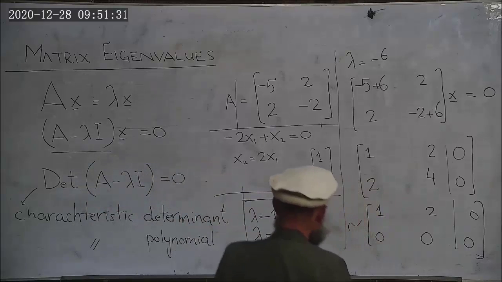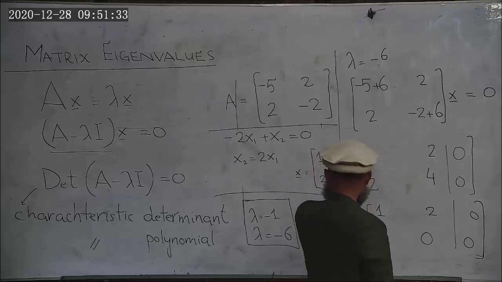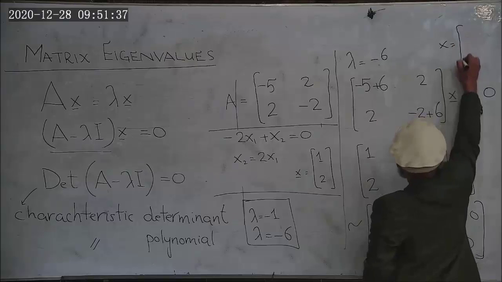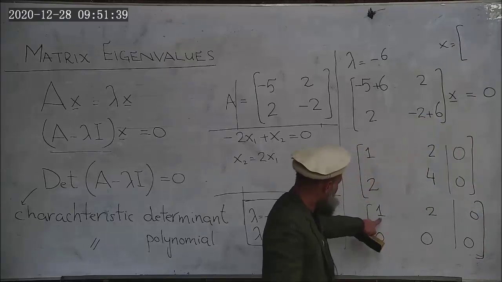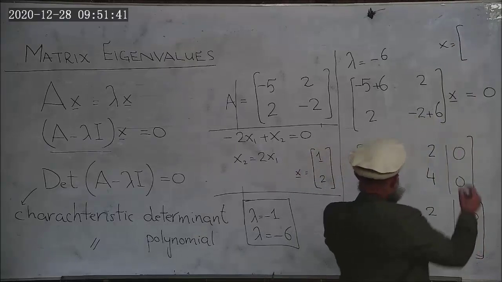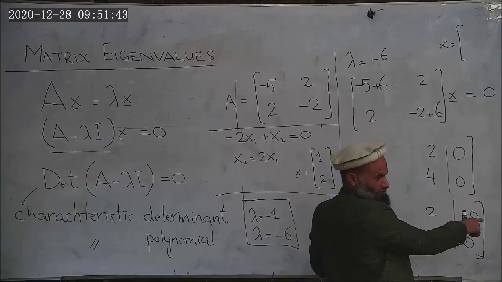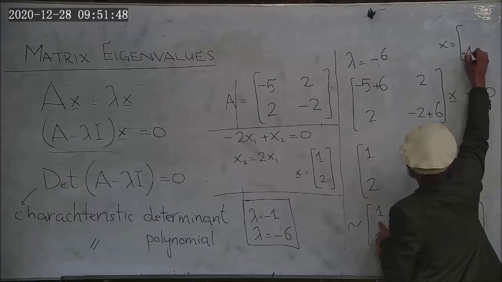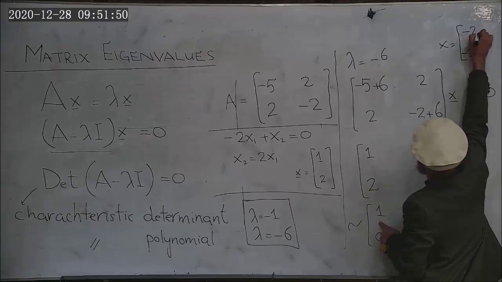It is obvious that the eigenvector corresponding to this eigenvalue will come out to be, if we take x1 equal to -2x2, so if we take x2 equal to 1, then this is -2.